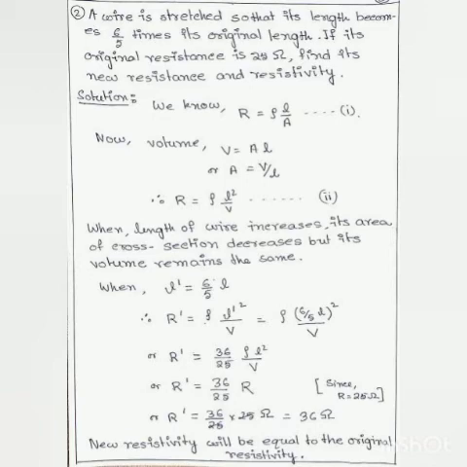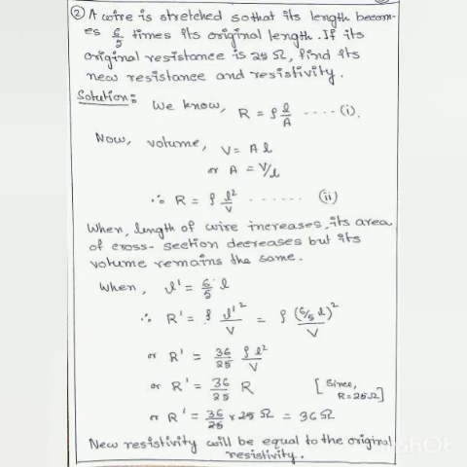So here also, where the length of the wire is increased, the cross-sectional area will be decreased, but its volume will remain constant. And for this situation, the changed length L prime equals 6 by 5 L. So R prime equals rho into L prime square by V, or R prime equals 36 by 25 into rho L square by V. Here rho L square by V is the initial resistance, means R prime equals 36 by 25 into R. Just substitute the value of R, which is 25 ohm.